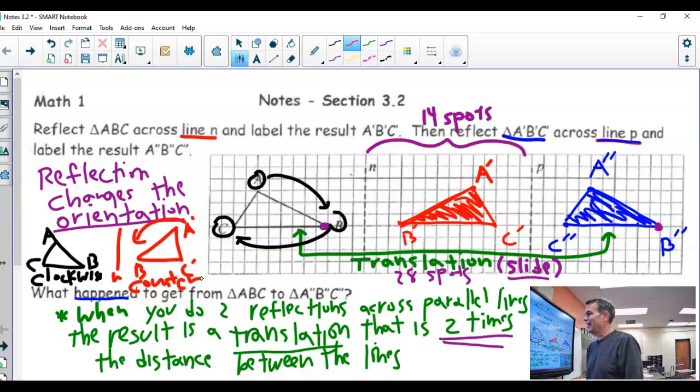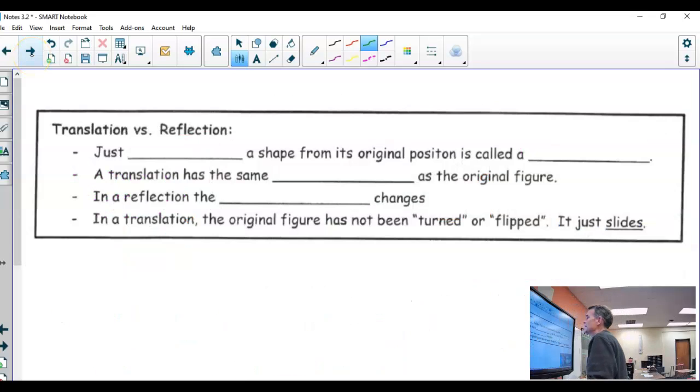It's gone from clockwise to counterclockwise. And you see when I went from the red one to the blue one, the orientation changed back, so it's going clockwise again. In a reflection, every time you do a reflection, the orientation changes. So you should know what that means by the orientation changes.